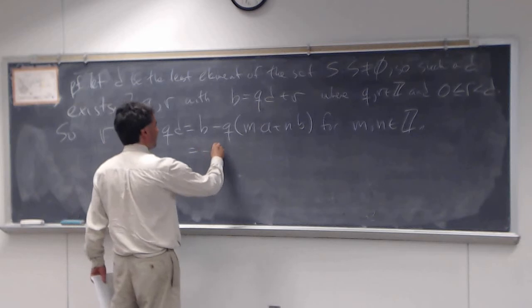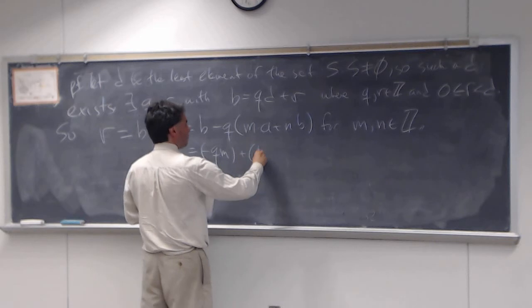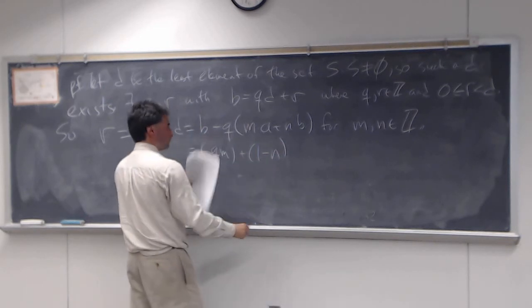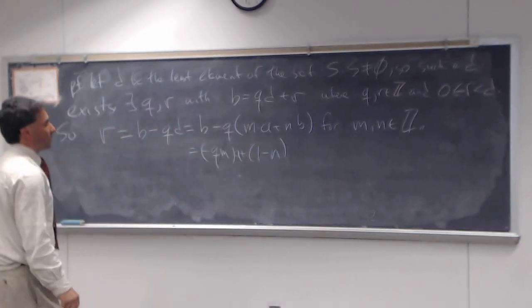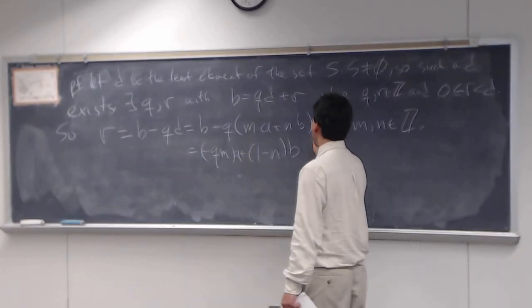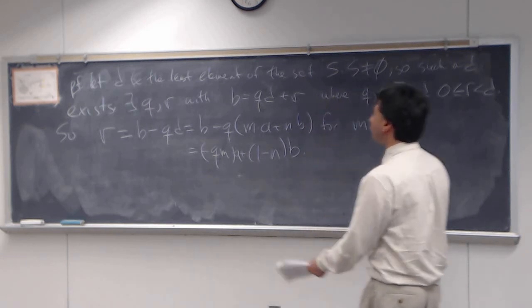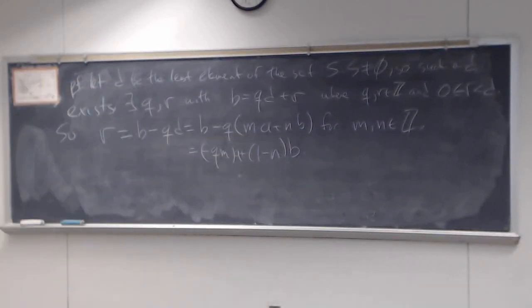But after some juggling around, this would be negative QM times A plus 1 minus QN times B. This is an integer multiple of A plus an integer multiple of B. So that could be in the set S if, in fact, this were positive. So what do we have?